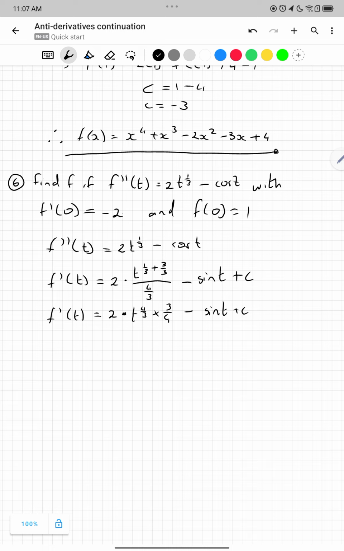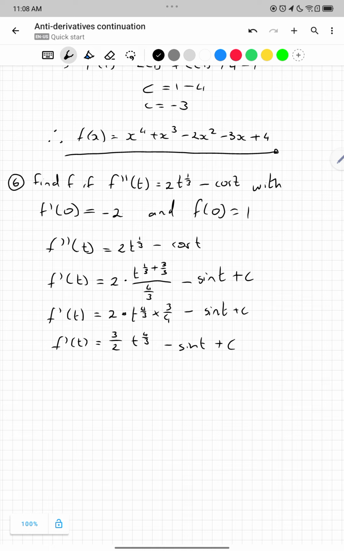So now, okay, let's make it prettier. She needs to look beautiful. So 3 over 2 t to the 4 over 3 minus sine t plus c. And so this is what we have.